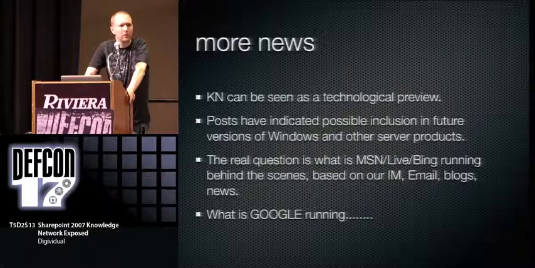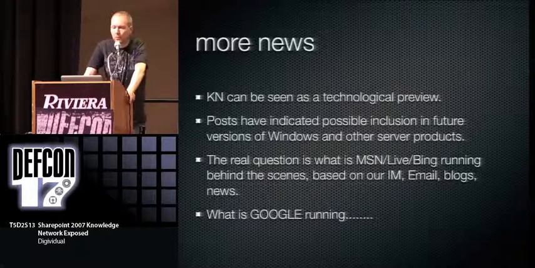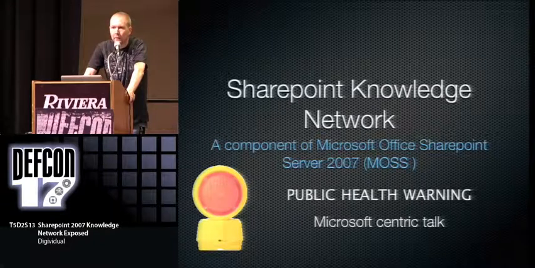Is it Bing Mail now? I don't know what it is anymore. And the bigger question that I have from a much more secretive organization than Microsoft is, what the hell is Google running behind the scenes on all the data and all the ad tracking that they have?